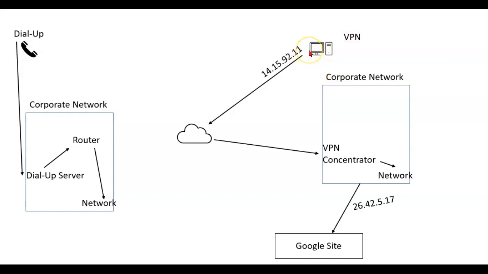So here we have encrypted data, and let's say that I am at home and my home IP address is 14.15.92.11. So I'm going to send my connection information out through the internet to the VPN concentrator, that's what we call it, which in turn ties in as part of this network.